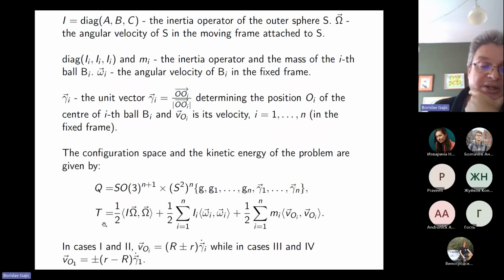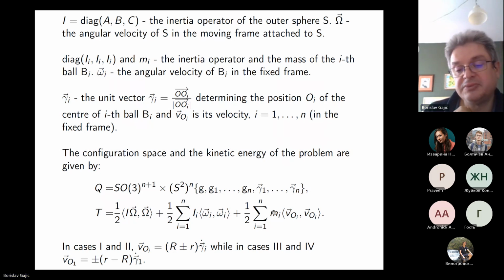And the kinetic energy of the problem, we consider without potential terms. The kinetic energy of the problem is given by the kinetic energy of the moving non-symmetric ball and of the homogeneous spheres, and the kinetic energy of the translation of the balls.